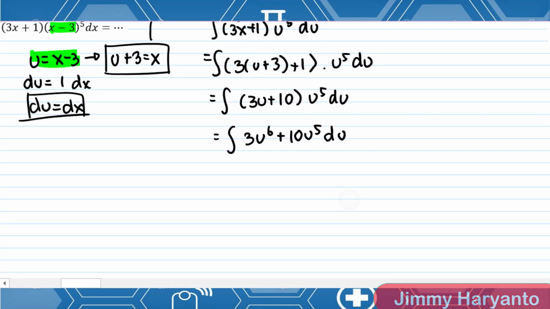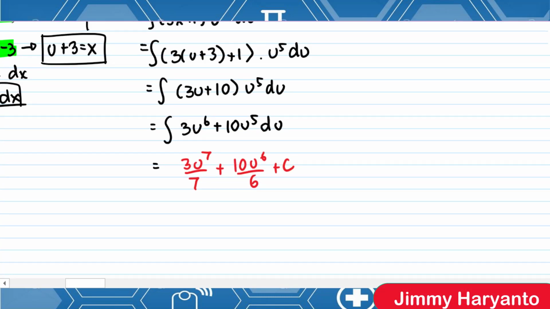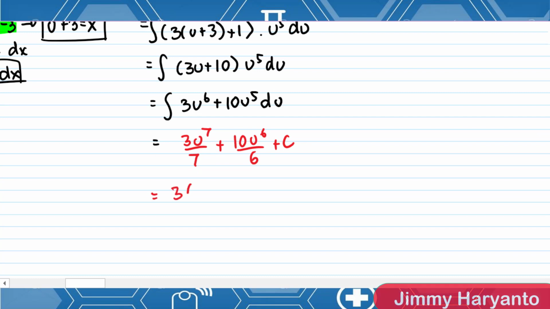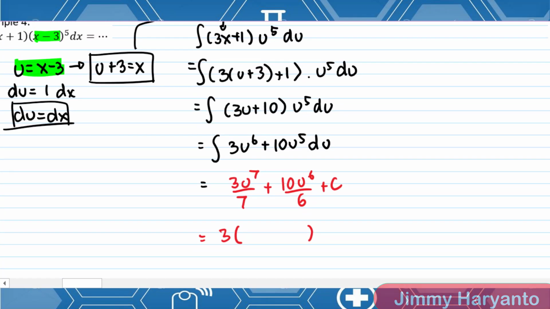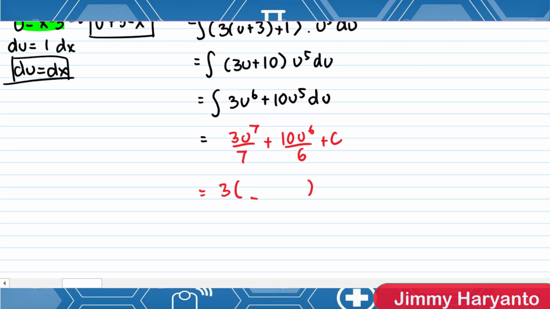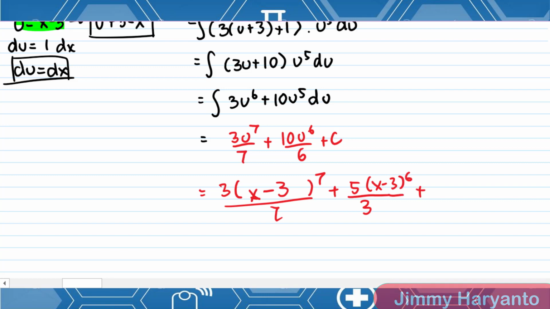After that, we can solve this using normal integration. 3 times u to the power of 7 over 7 plus 10 u to the power of 6 over 6, plus c. Change that back to x minus 3: 3 times (x minus 3) to the power of 7 over 7, and for the other term we can cross out the 10 and the 6 into 5 over 3, times (x minus 3) to the power of 6, plus c.